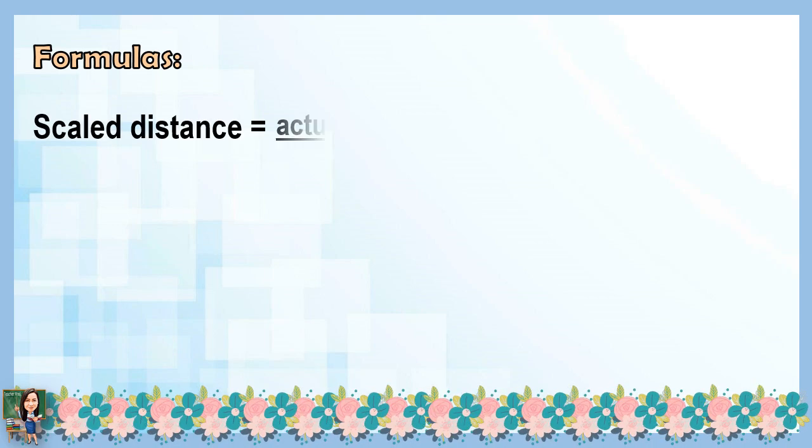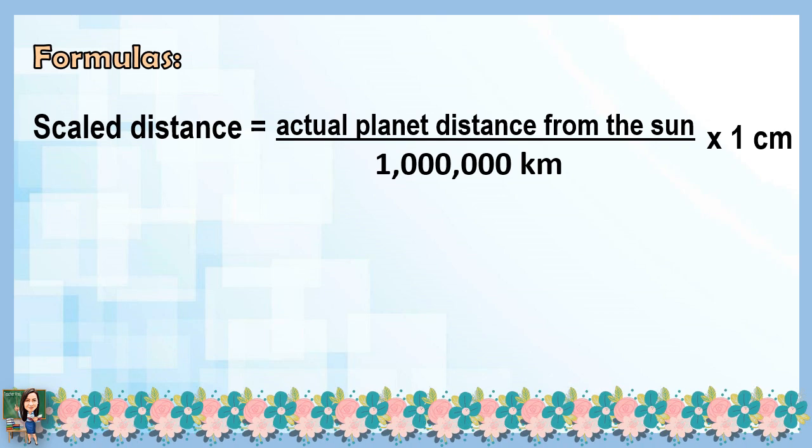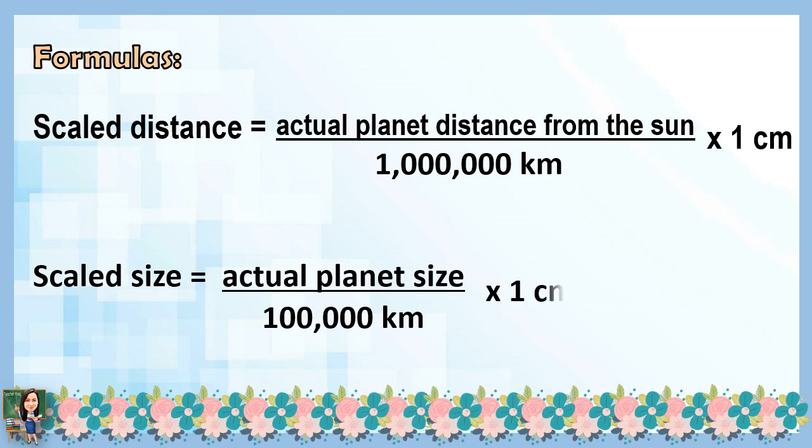Scale distance equals actual planet distance from the Sun divided by 1 million kilometers times 1 centimeter. Scaled size equals actual planet size divided by 100,000 kilometers times 1 centimeter.